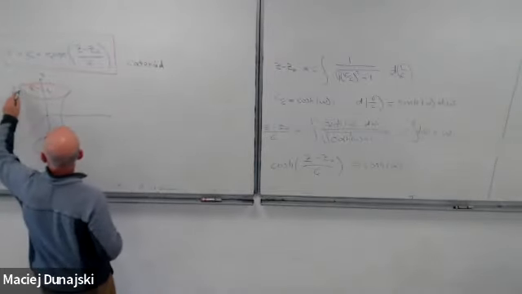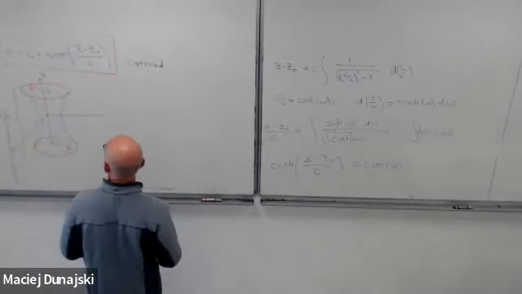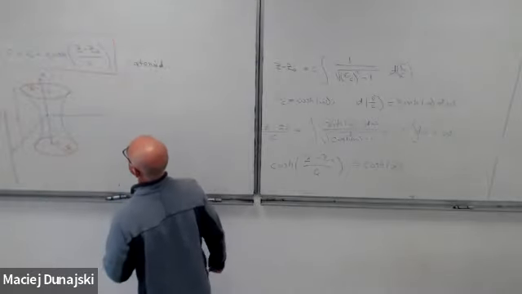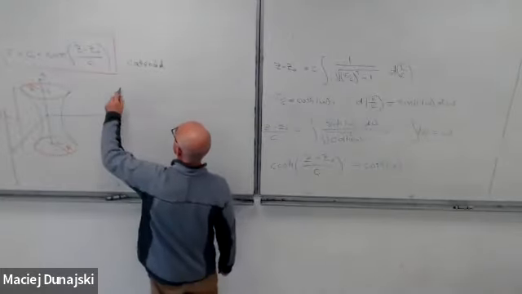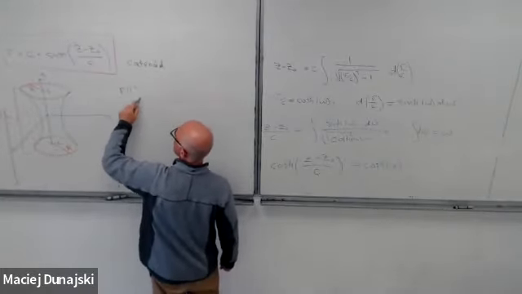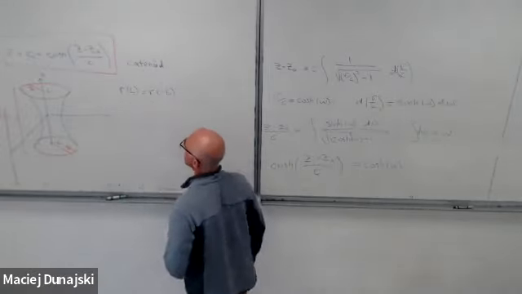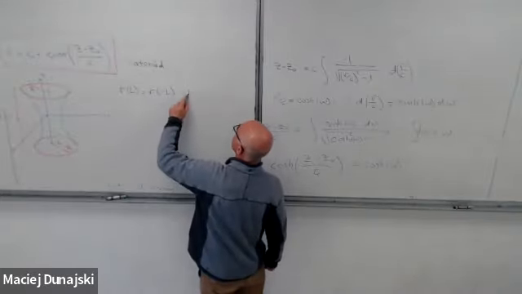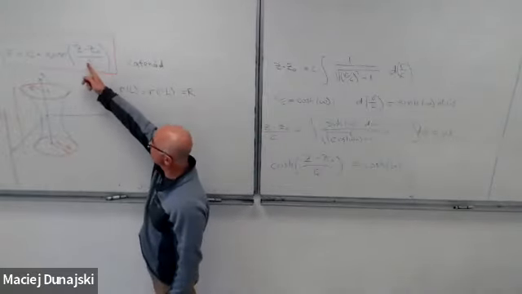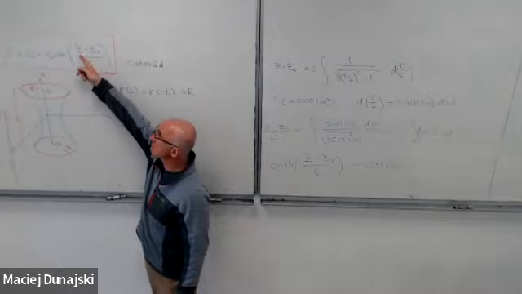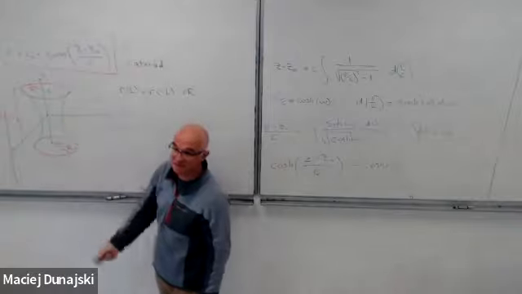So first thing I want is that R of L must be equal to R of minus L, and that must be equal to R. Well, the only way this can happen, if I put Z equals L or Z equals minus L, I want to get the same thing, I must have Z0 equal to 0.